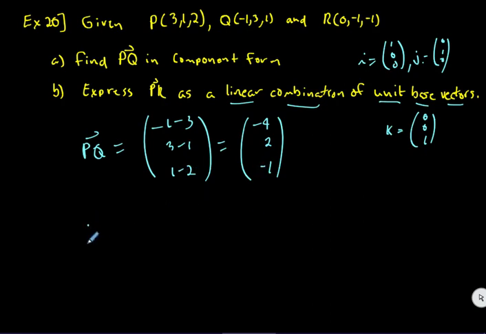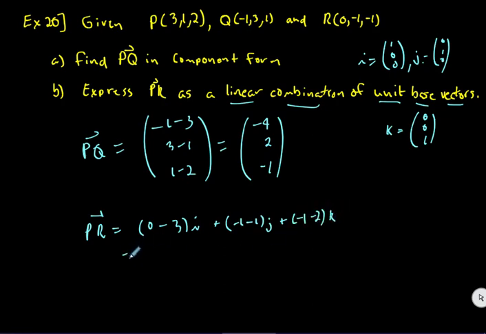And then PR, they want us to write it in the unit base vectors here, right? So I'm going to do PR here. That would be 0 minus 3, i, plus negative 1 minus 1, j, plus negative 1 minus 2, k.